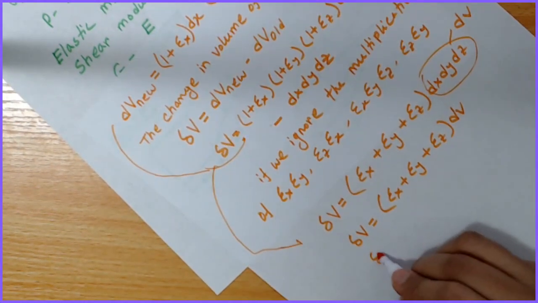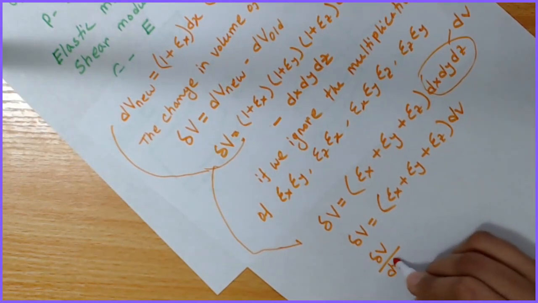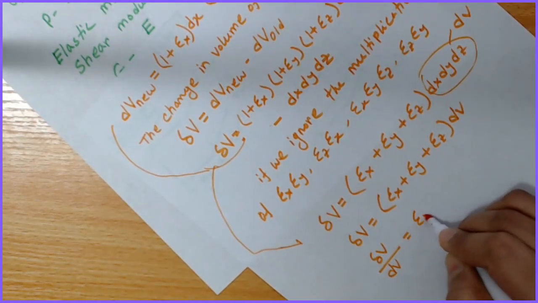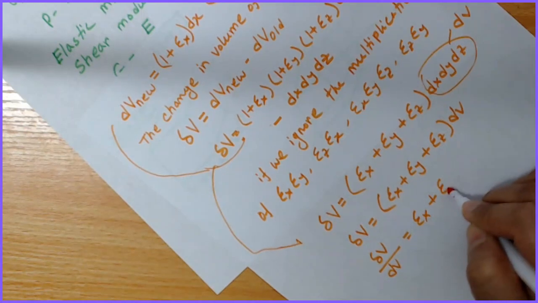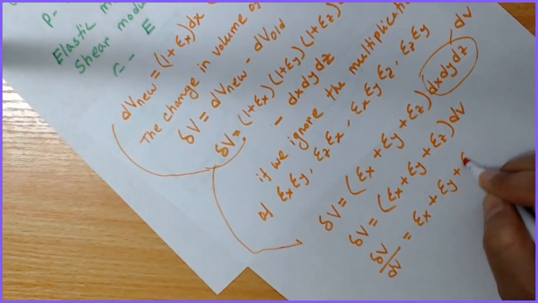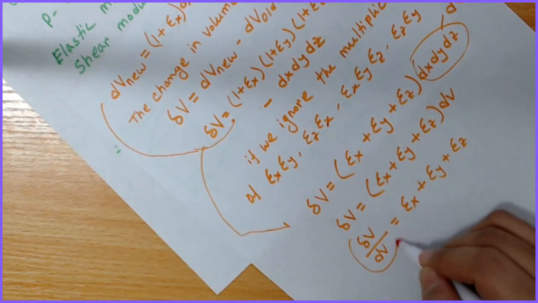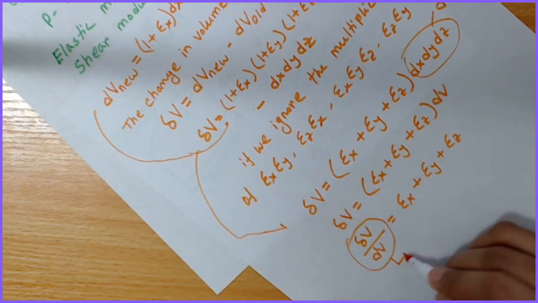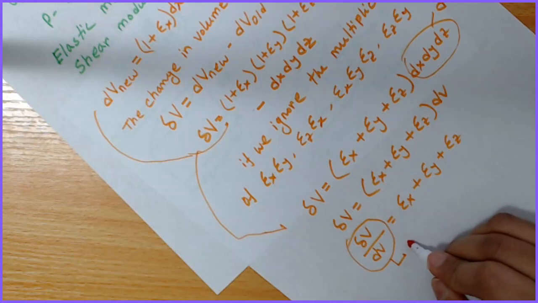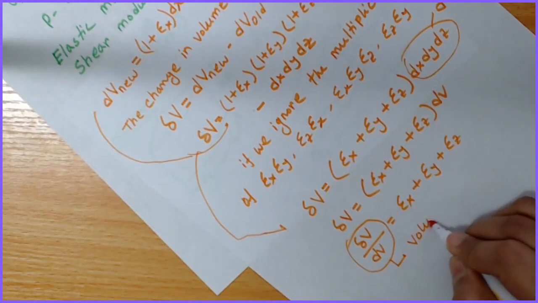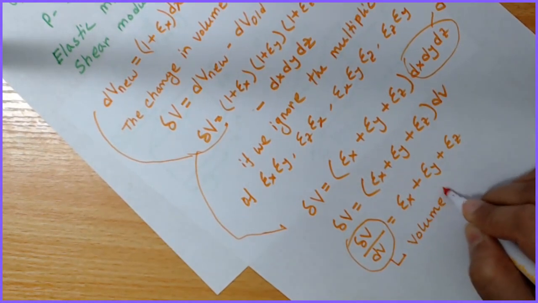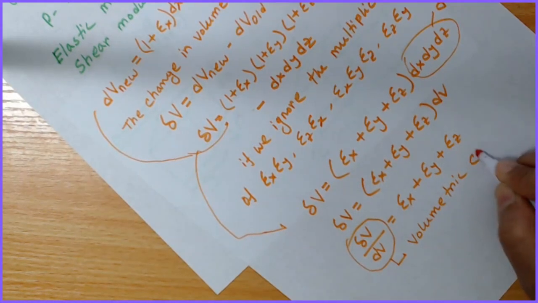So delta V by dV is the summation of strain in three directions. This delta V by dV is an indication of volumetric change.